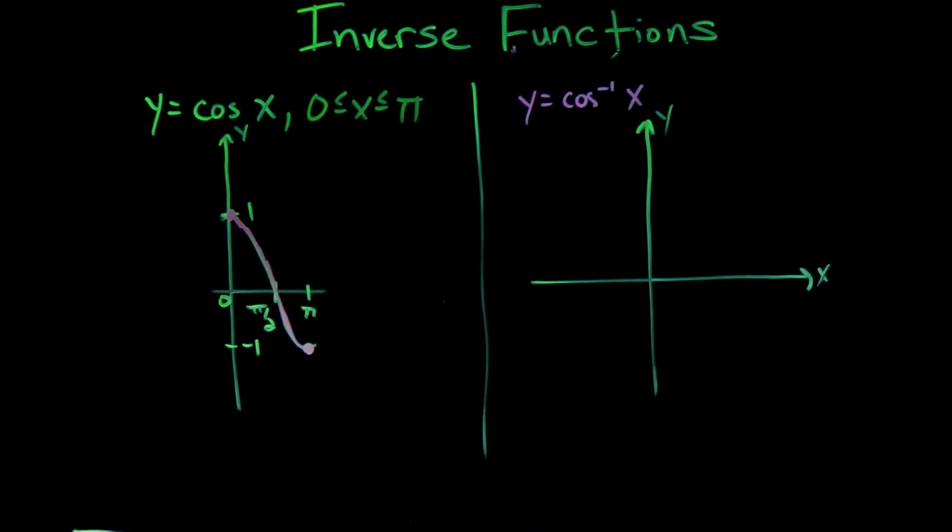Okay, so looking at this, we can construct the graph of the inverse cosine function. We can look at 3 points on the graph of this cosine. First, when x equals 0, y equals 1. So the point 0, 1 would translate to the point 1, 0 on the graph of the inverse cosine.